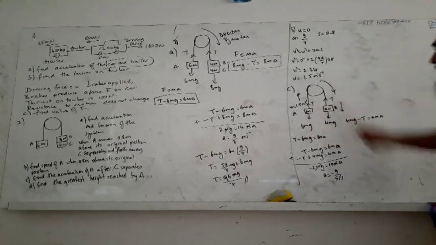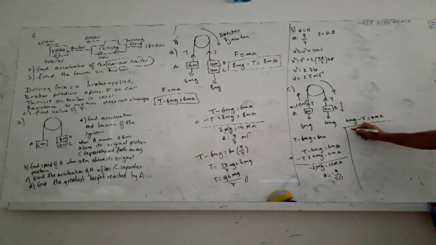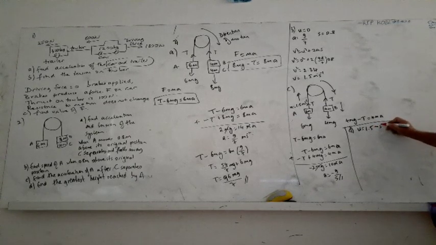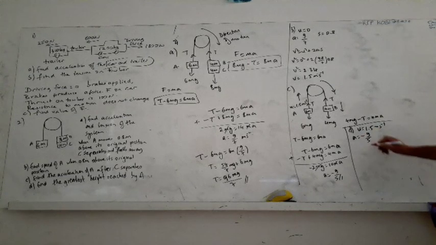So when C separates, the speed was 1.5 meters per second. Acceleration is minus g over 5, and it is going to stop somewhere, so the final velocity will be 0.